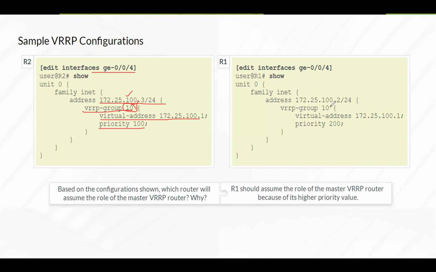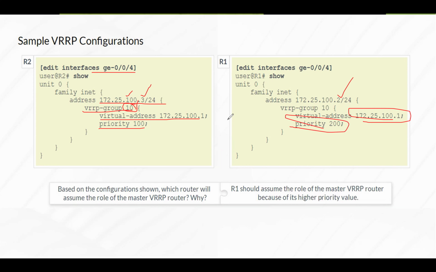So router 1 is 170.25.100.3/24 subnet, router 2 is .2, and the virtual IP is .101. Okay, same subnet, all are in the same subnet. And the priority here is 200.